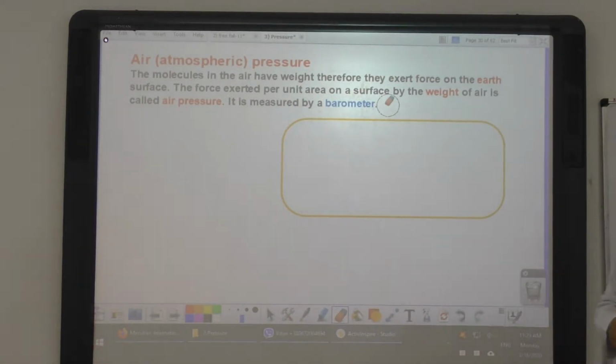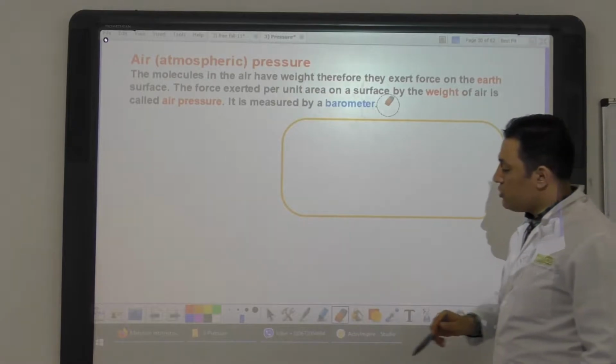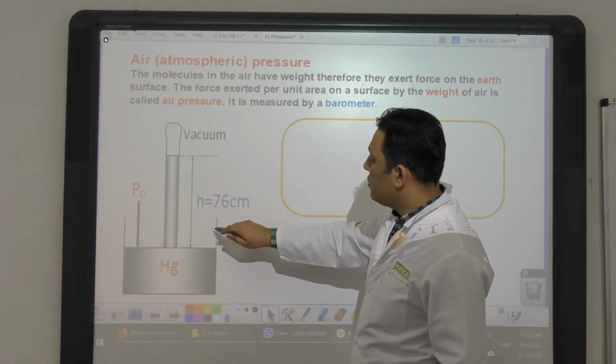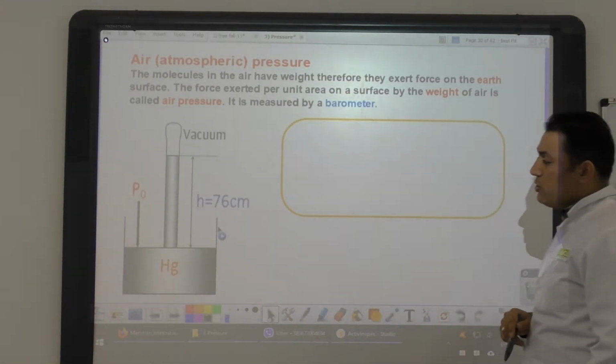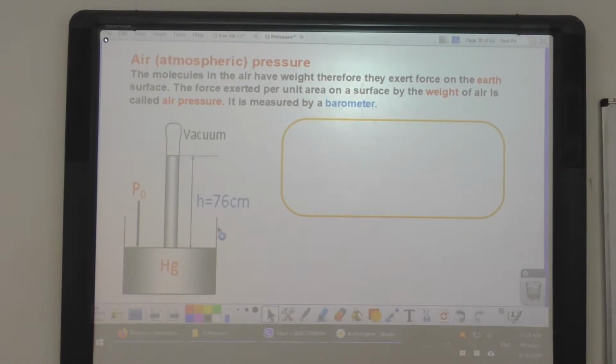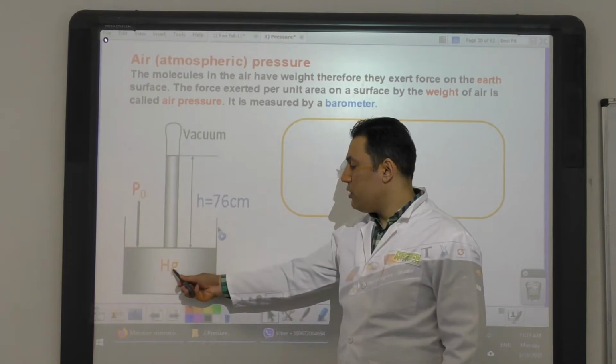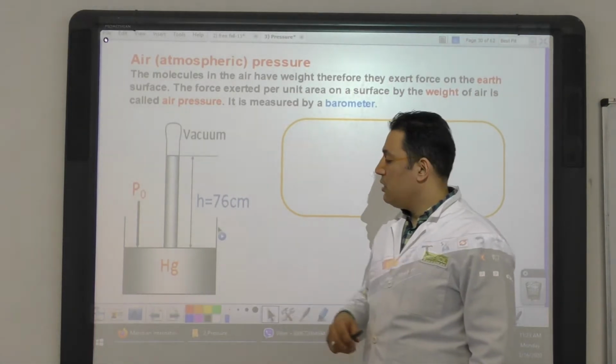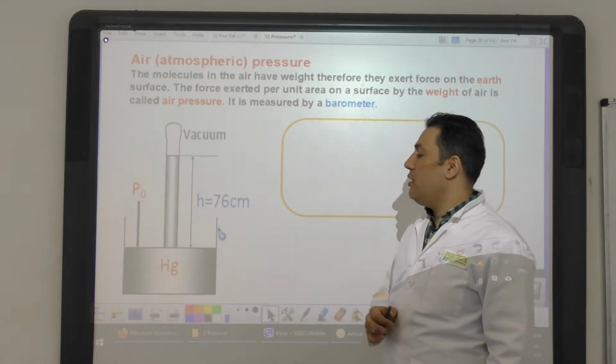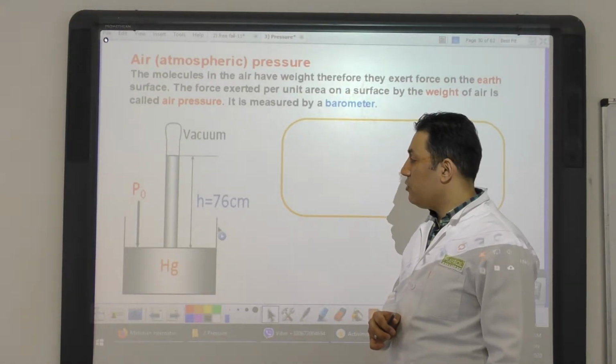It is measured by a device called a barometer. To be able to calculate the gas pressure, we will use a very heavy liquid, which is a metal that is liquid at room temperature.